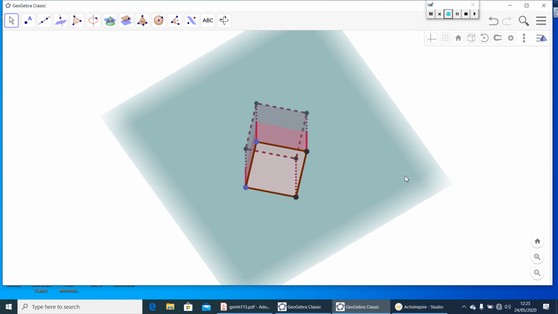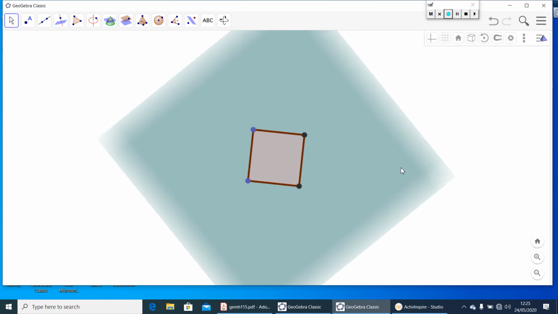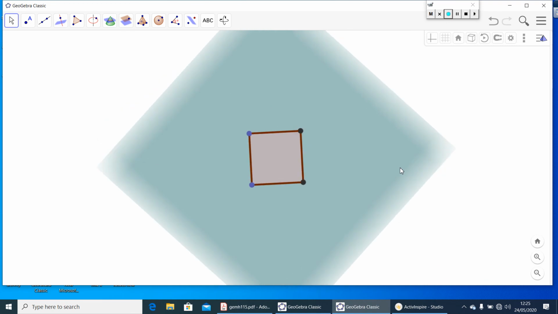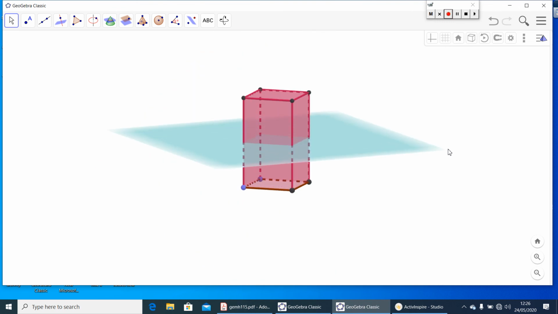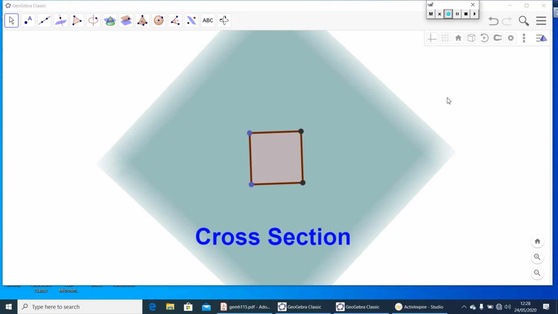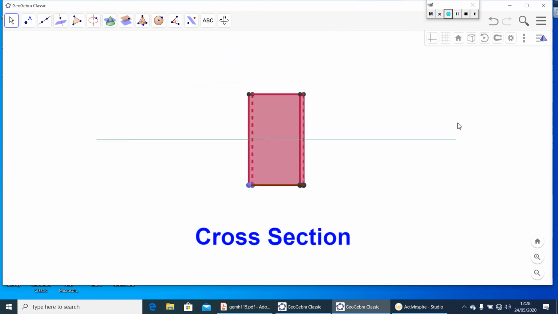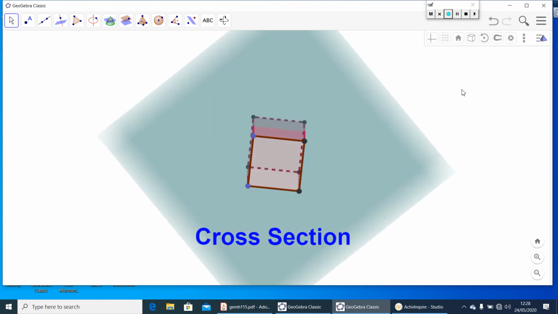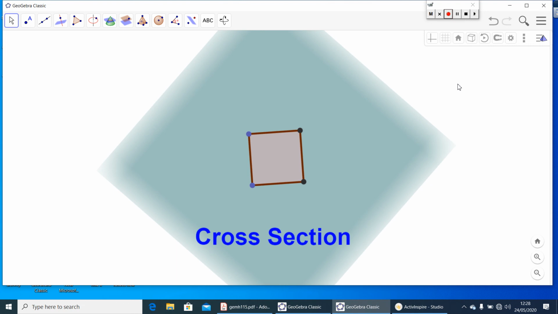Now see here, this face will be a square. This face we call the cross section. So when a cuboid is cut horizontally, the cross section is a square.